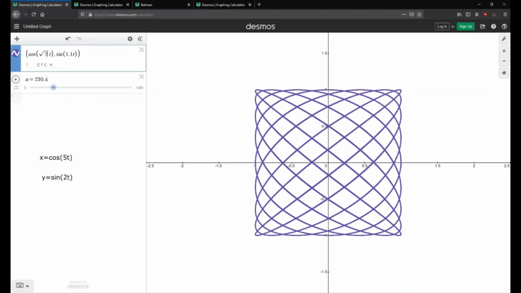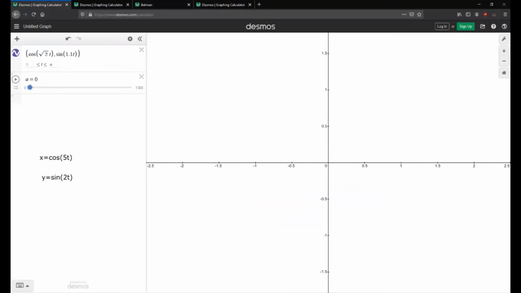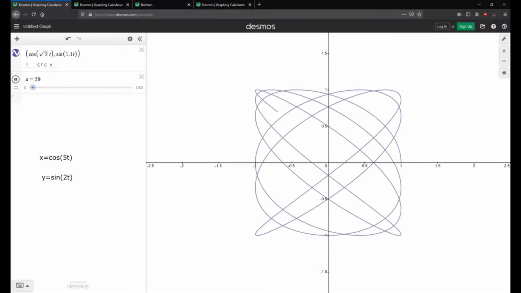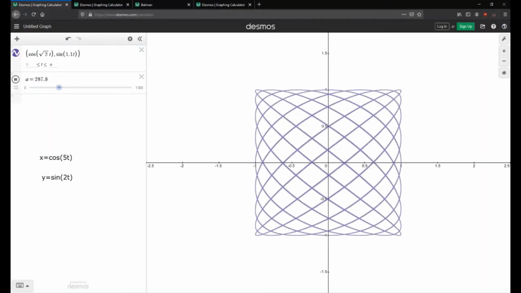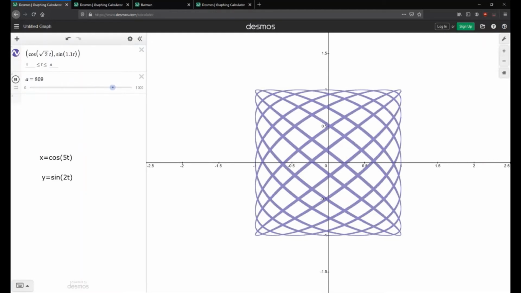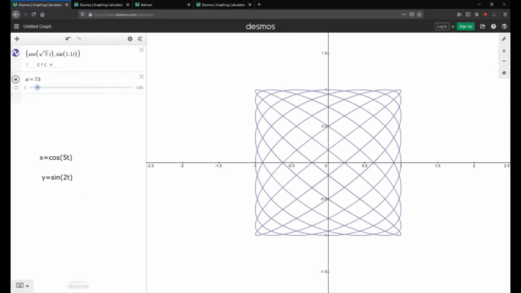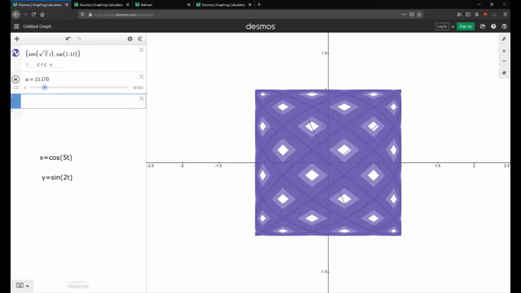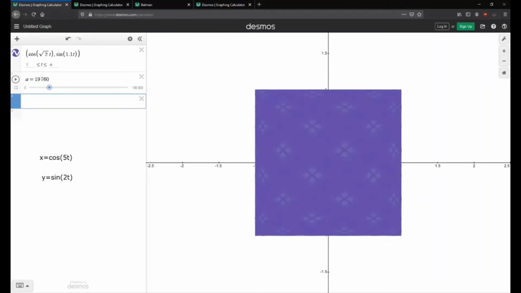What would that look like? Well, let's see it to start with. We're moving all around. And the further out we go, this parametric equation starts to fill up all of the space inside this square. So again, Desmos struggles with this a little bit.